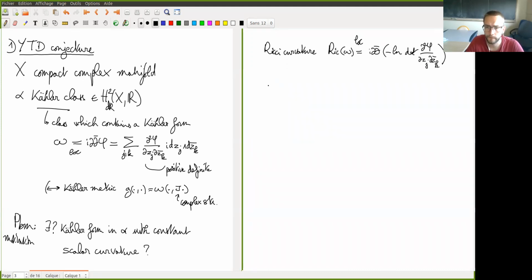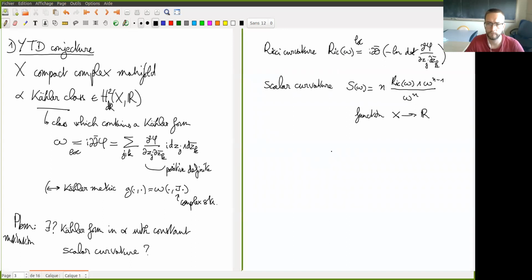That's the Ricci curvature, and the scalar curvature is the trace of this with respect to omega, up to a constant. I'm taking a quotient of top forms, and this one is a volume form, so this operation is allowed, and it gives me a function from X to R. So a function is constant if it's constant.